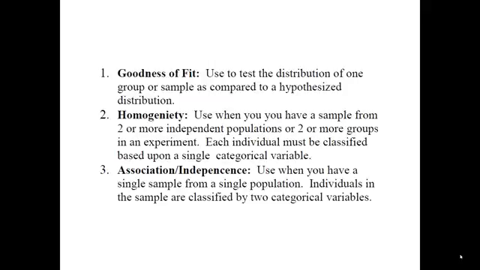Each individual must be classified based on a single categorical variable. 3. Association or independence: used when you have a single sample from a single population. Individuals in the sample are classified by 2 categorical variables.